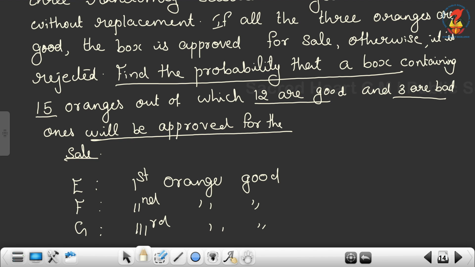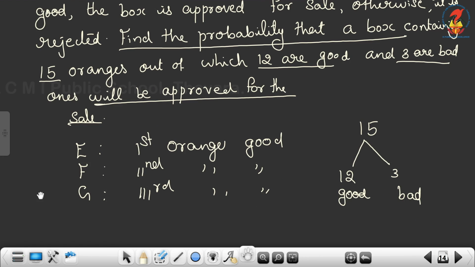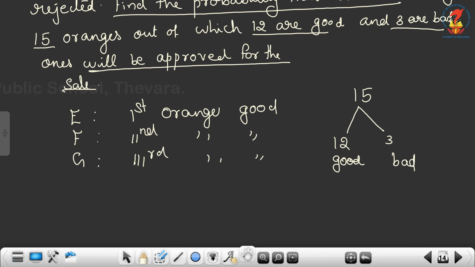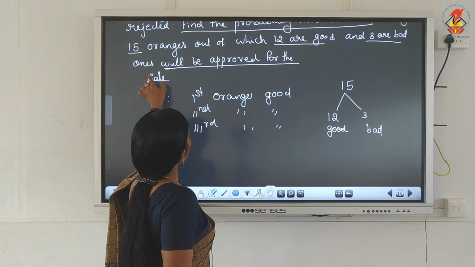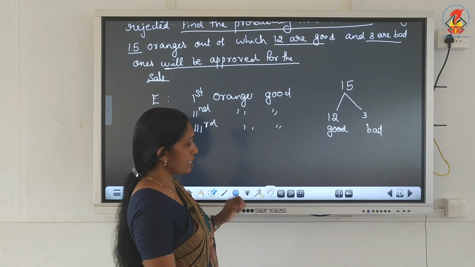Now there are 15 oranges in that box. The division is 12 good and 3 bad. We have to consider good oranges, then only the box will be approved for the sale. The question is to find the probability that the box is approved for the sale.